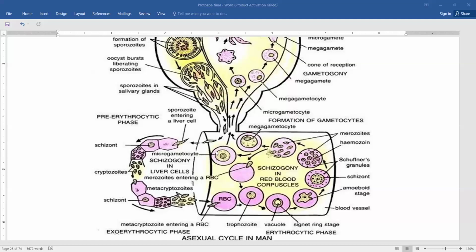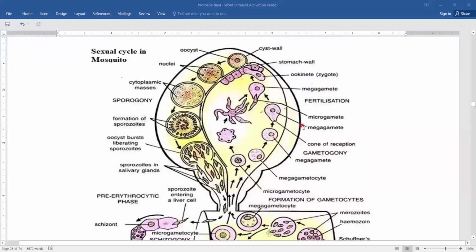So now, whenever a female Anopheles mosquito bites such a human being having these gametocytes, both micro and macro, you can also call it macrogametocyte, these will reach the gut or intestine of the mosquito.